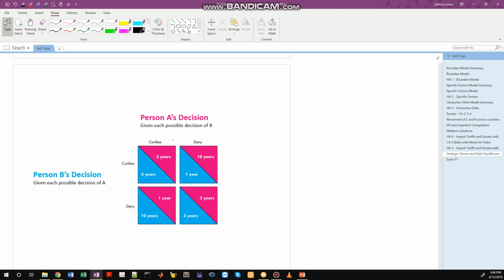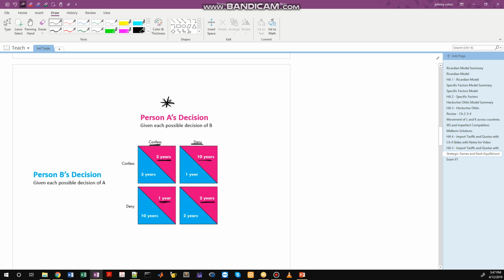So basically we see two people here. We have person A up here, and their choices are to either confess or to deny. And their payoffs are shown with the pink background. And then we're going to go step by step to show you exactly how to solve them.